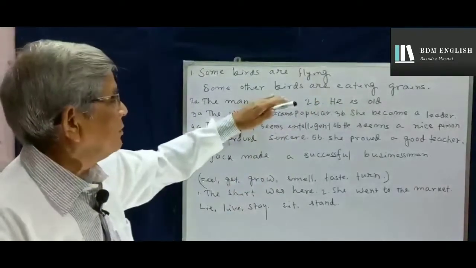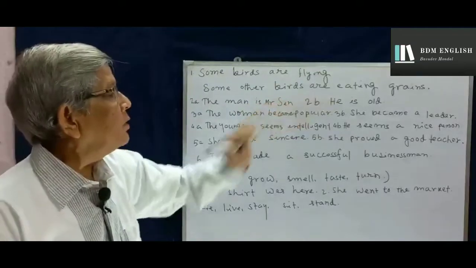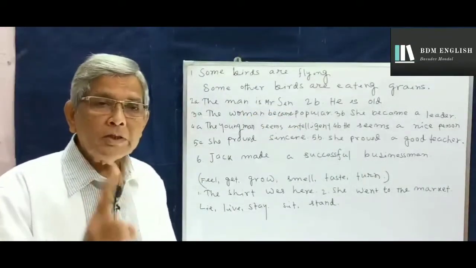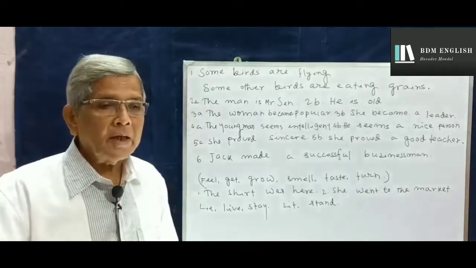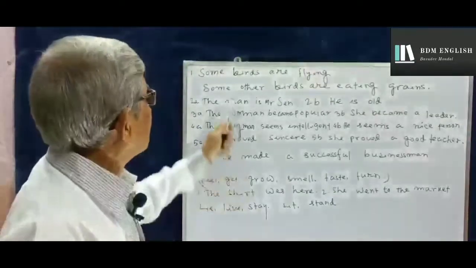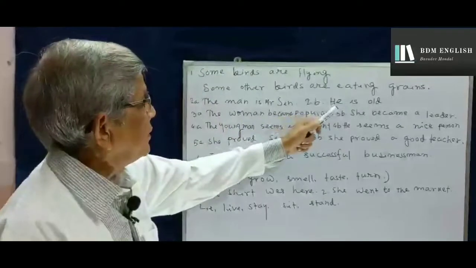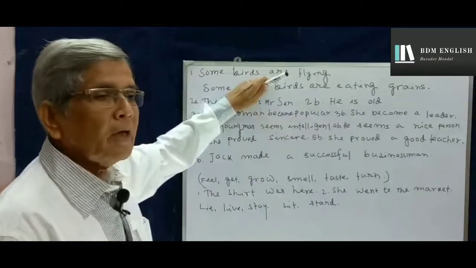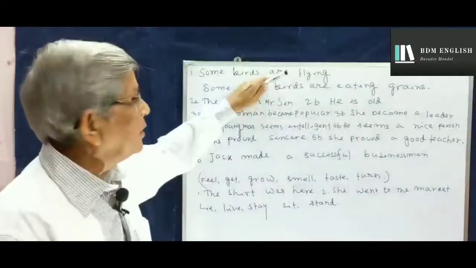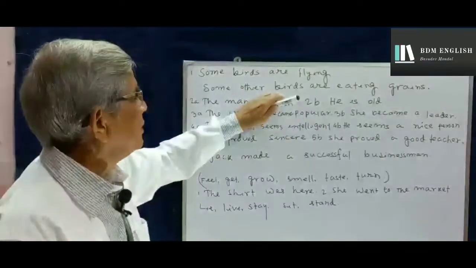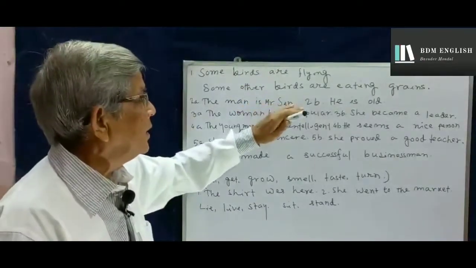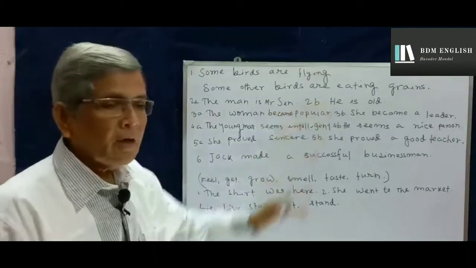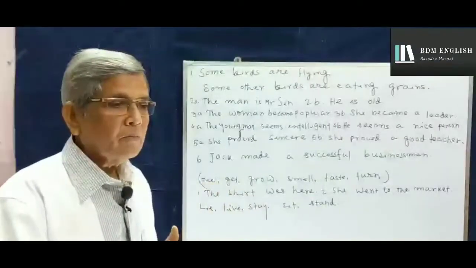But a transitive verb requires at least one object. There are some transitive verbs that require two objects each, which I will discuss later in the next video. Some other birds are eating grains. Now the birds can fly if they wish, but the birds cannot perform the act of eating until and unless the grains are within their reach.